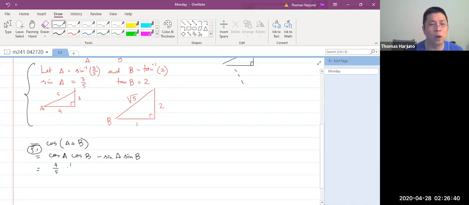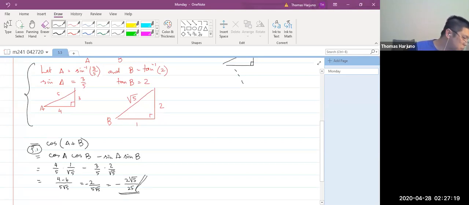Cosine B, 1 over radical 5, minus sine A, 3/5, sine B, 2 over radical 5. That is equal to 4 minus 6 over 5 radical 5. That's negative 2 over 5 radical 5. That's negative 2 radical 5 over 5.